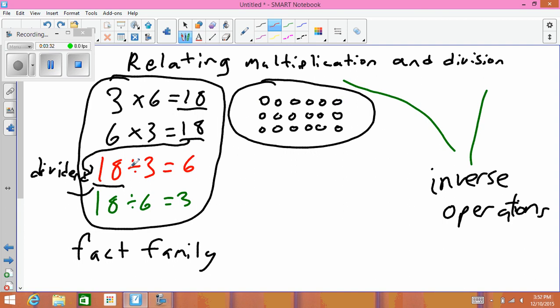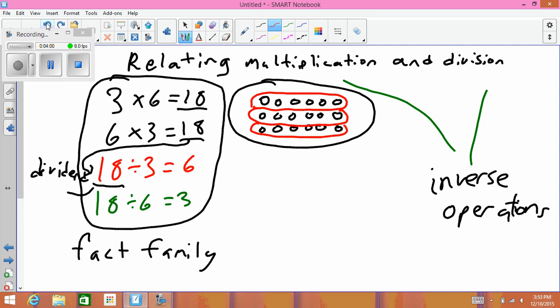So to model this division, I could take my whole, my 18, and divide it into 3 groups, with each row becoming a group. Then when I count my groups, I can see that each group has 6 in it. So 18 divided into 3 groups gets me 6 objects per group.